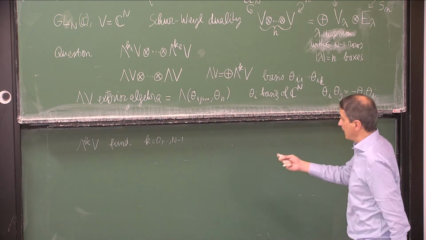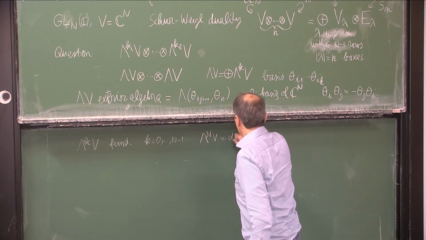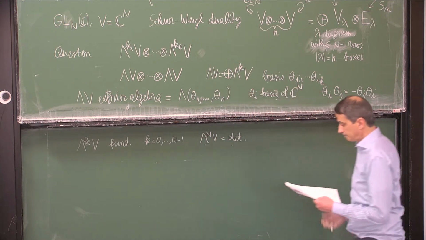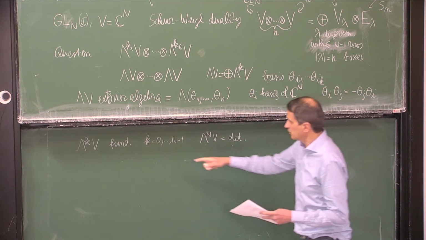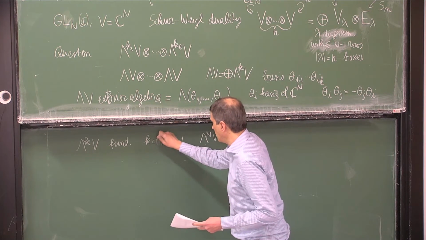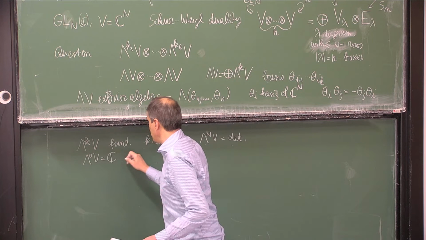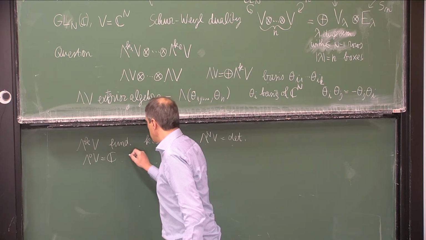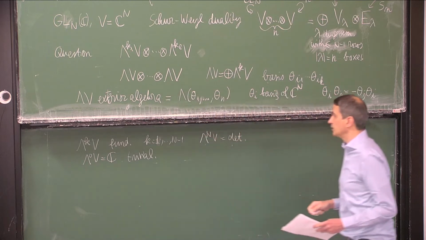And then you also have the top one, which is a determinant representation. It's one dimension. So maybe the fundamental ones are from 1 to n minus 1, and wedge 0 is just, by definition, if you like, the trivial representation. Okay, so you have that.